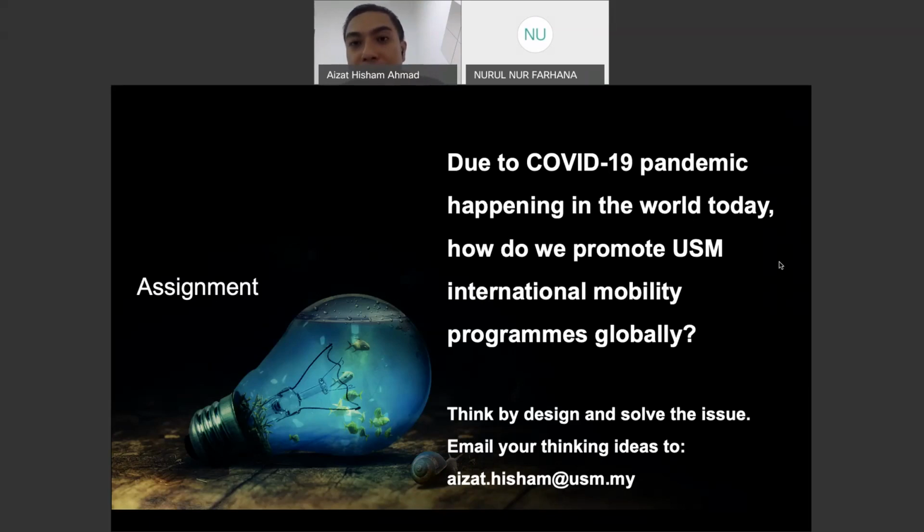So some of you guys might be aware of the mobility programs that USM have been organizing. But because of the COVID-19 pandemic now happening in the world, we are not able to send students due to travel ban, and of course also incoming students from abroad are not able to come to Malaysia because of the travel ban from the government of Malaysia.